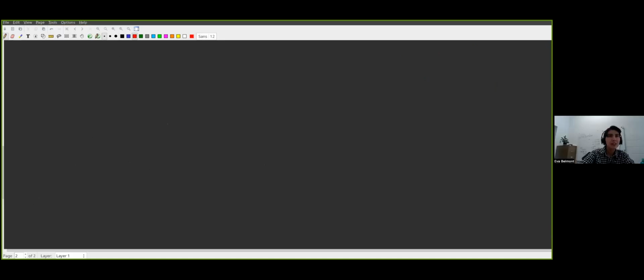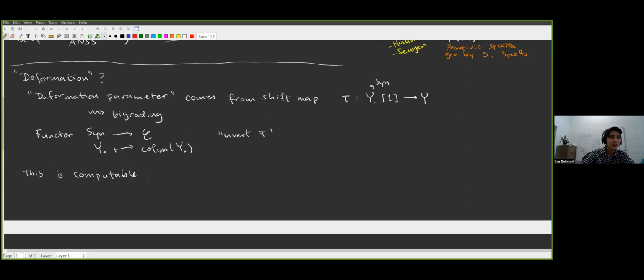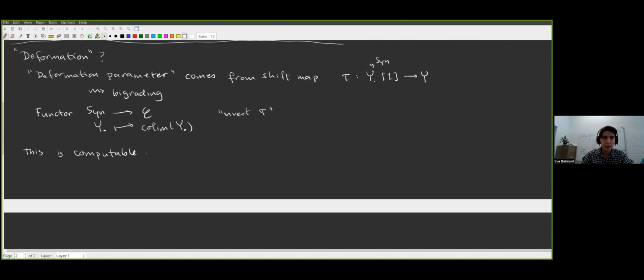Okay, so I want to say how to compute homotopy groups. By the way, this is the construction of Gheorghe, Isaksen, Krause, and Ricka.